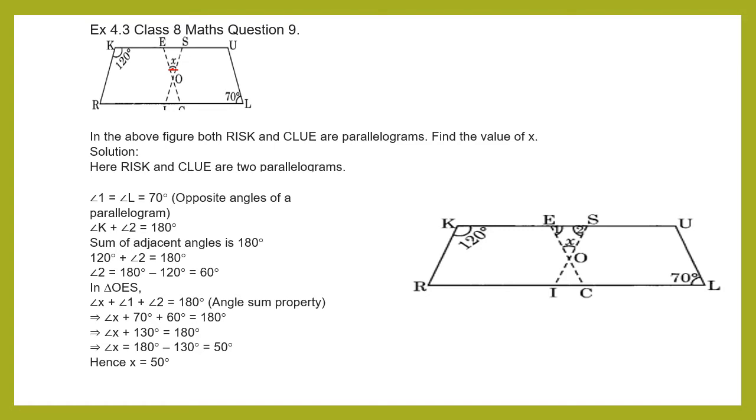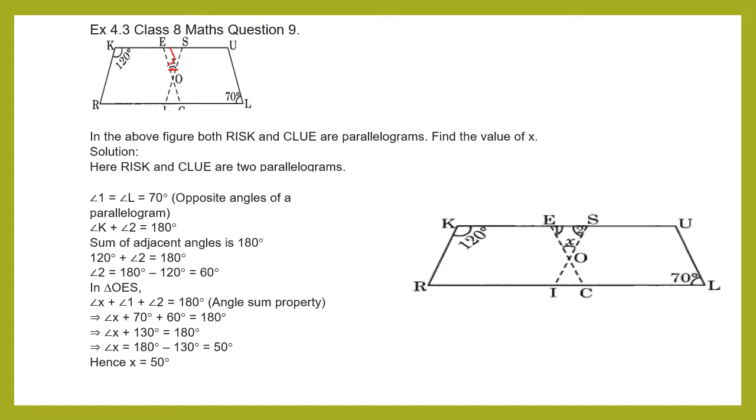See, angle 1 is equal to angle L, which is equal to 70 degrees, because of the opposite angles of a parallelogram.